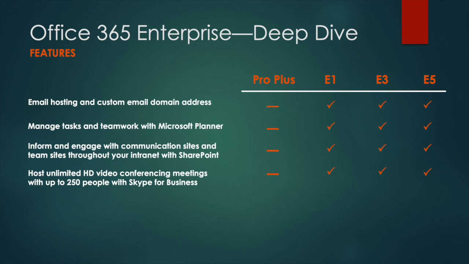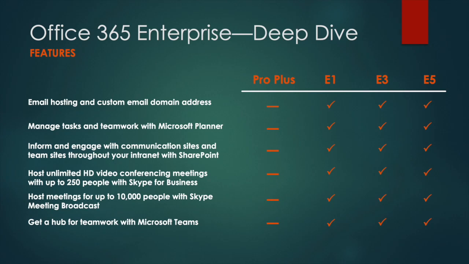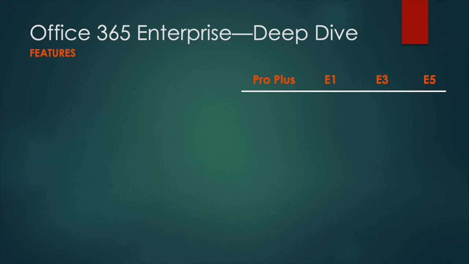Again, remember that Skype for Business is rolling into Microsoft Teams. Host meetings for up to 10,000 people with Skype meeting broadcast. Get a hub for teamwork with Microsoft Teams. And collaborate across departments and locations with Yammer. Continuing on.